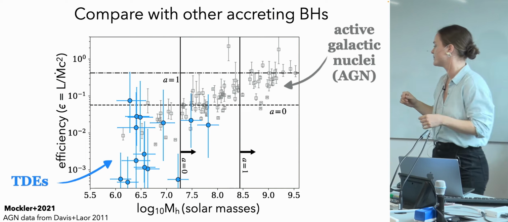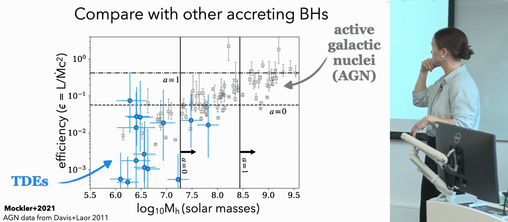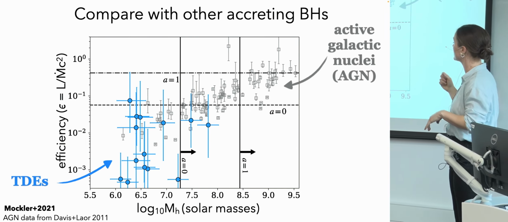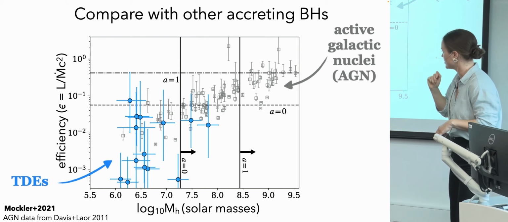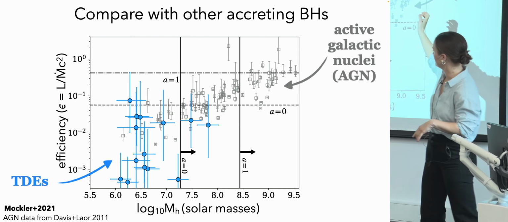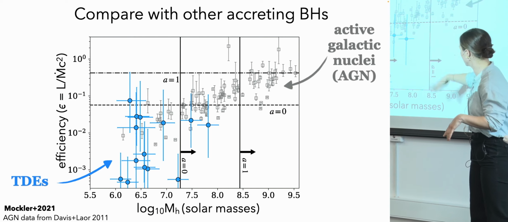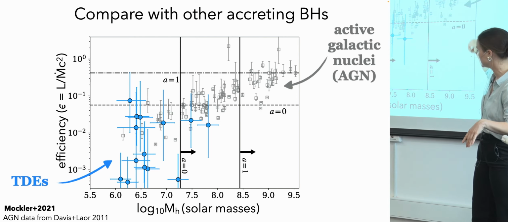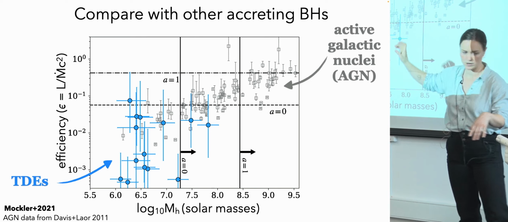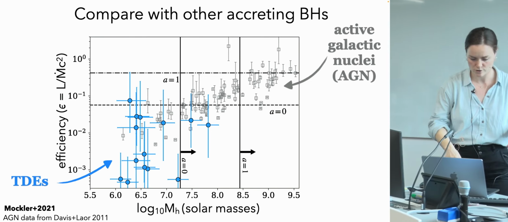I was comparing with stream collisions, but we can also compare the efficiencies we estimate with other accreting black holes. This is a plot of efficiency versus black hole mass. The gray points are AGN. The blue points are the same TDEs as before.